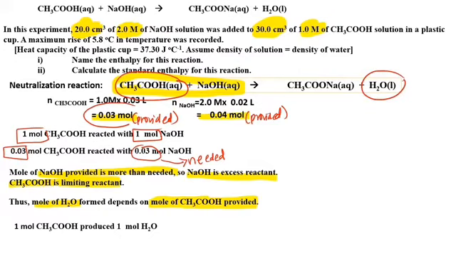Betul? So, ini statement dia. If question provide 0.03 mole of acetic acid, will produce how many mole of water? Same quantity, sebab ratio dia 1 to 1. Boleh? So, sebenarnya 0.03 mole of water yang produce during this process.